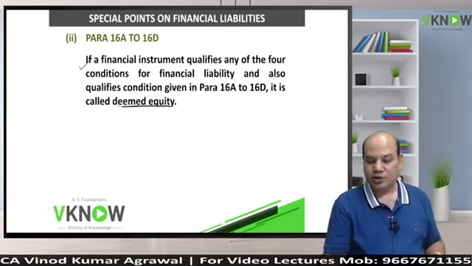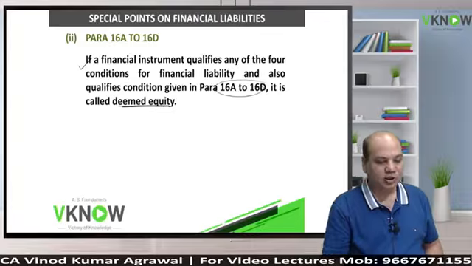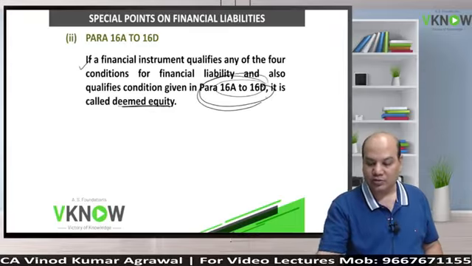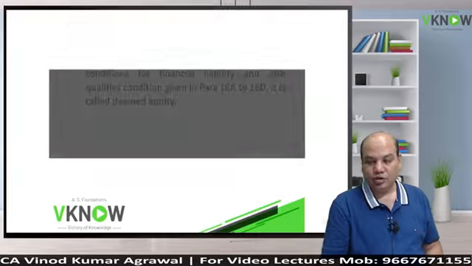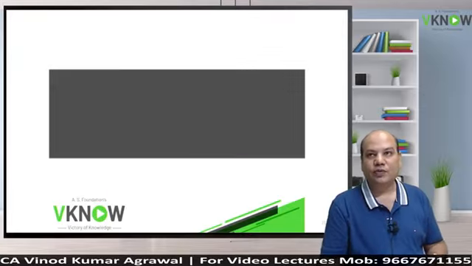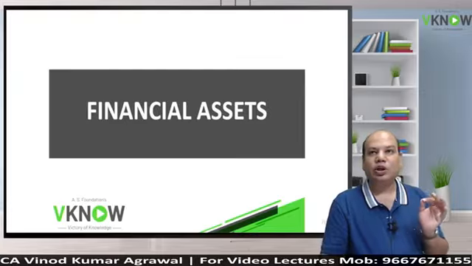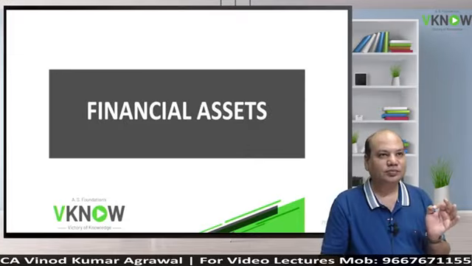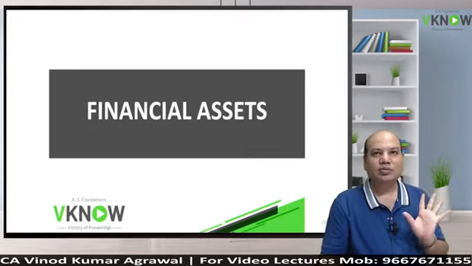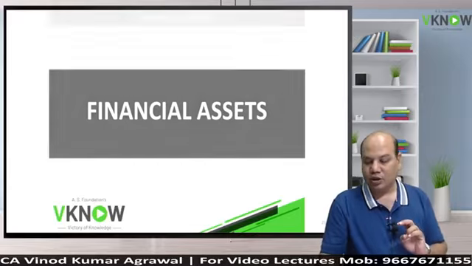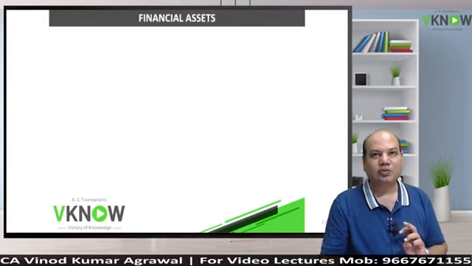And what are those features? I will discuss them next page, in para 16A to 16D of the standard, not our book. If those conditions are fulfilled, even though the instrument may look like a financial liability, it will be treated as equity, and therefore accounting as an equity instrument will be done.